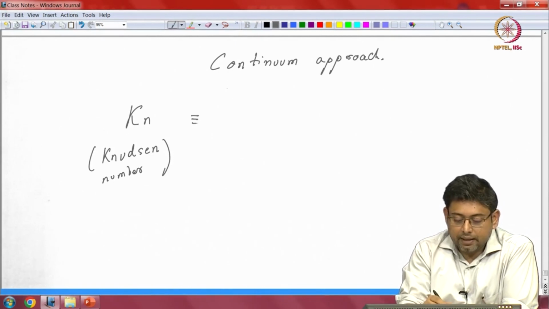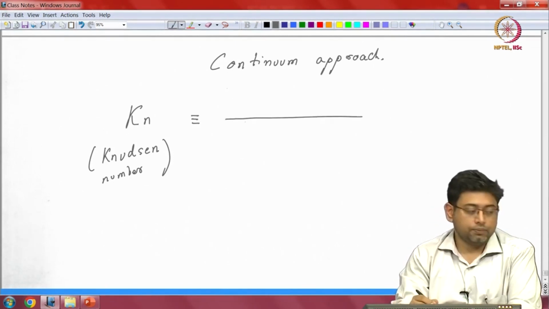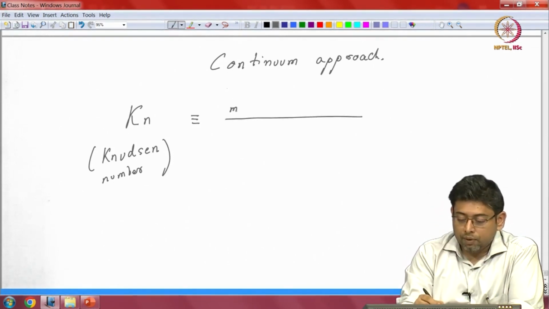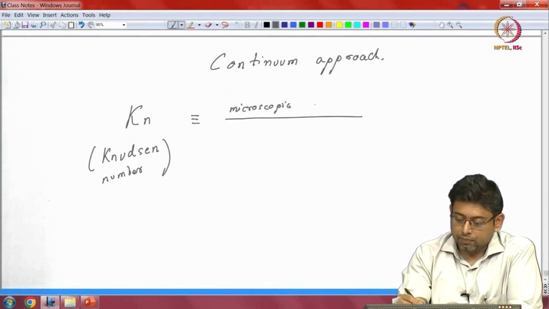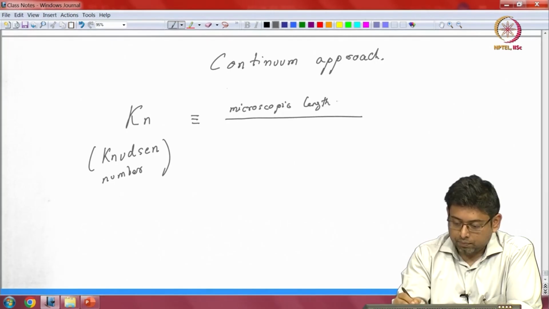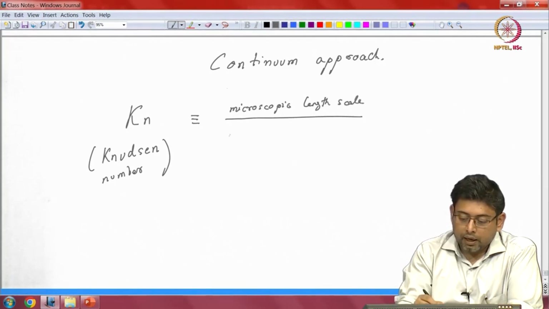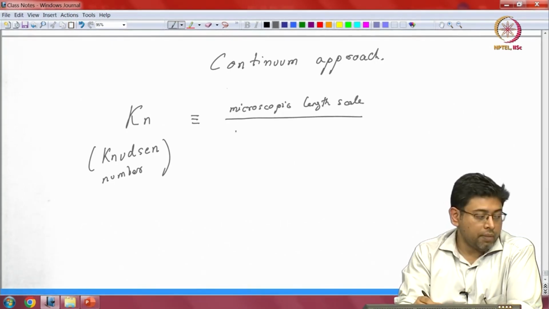It is defined as the ratio of two length scales. And on the top you have the microscopic length scale, and I'll explain what that is in a second. And in the denominator you have the macroscopic length scale.